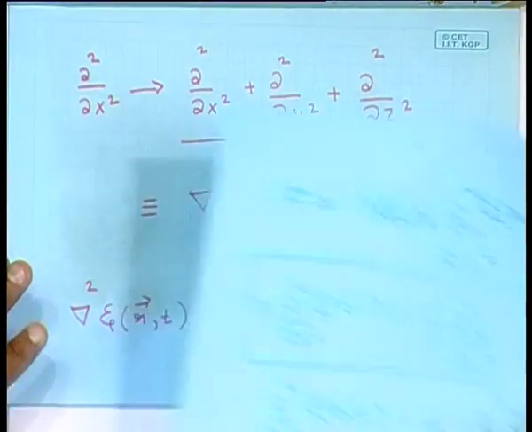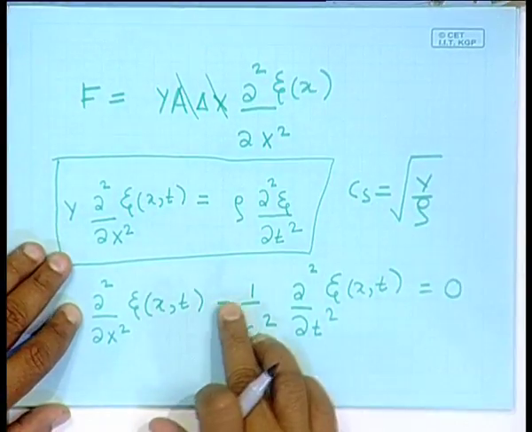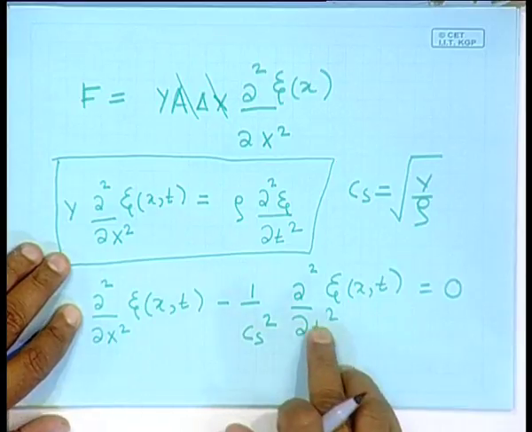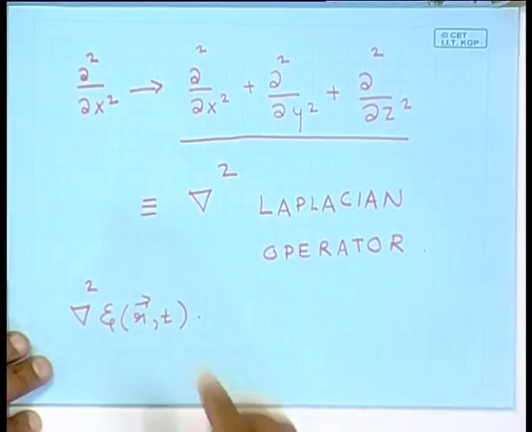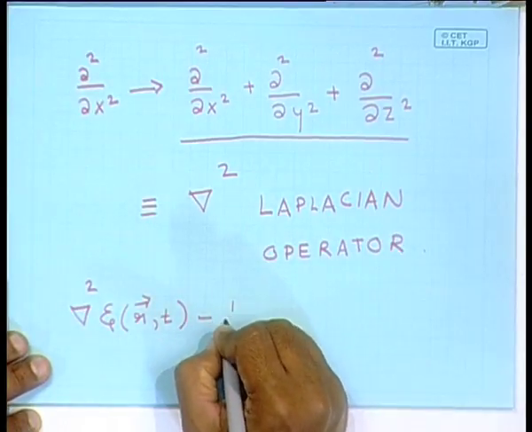We have minus 1 by C s squared into the second partial derivative with respect to time, and that remains unchanged.